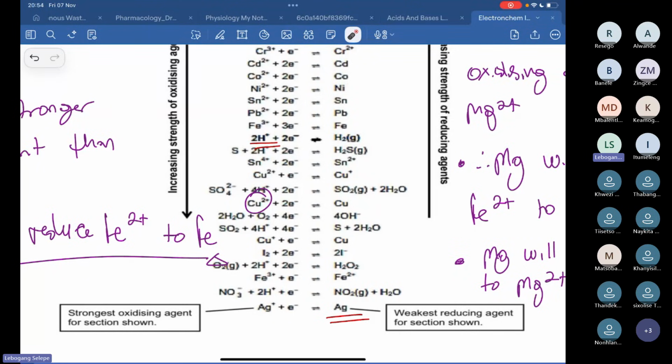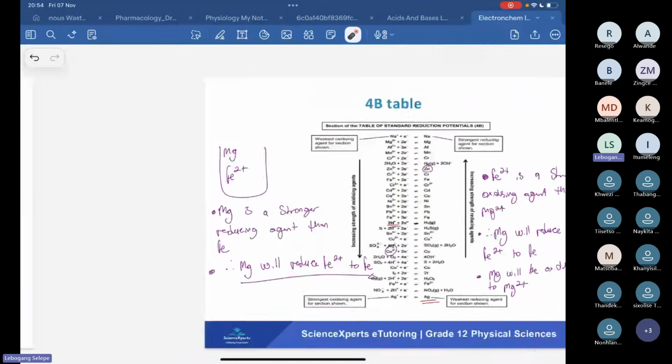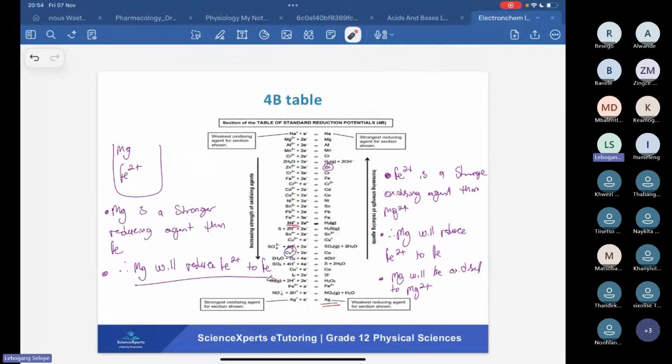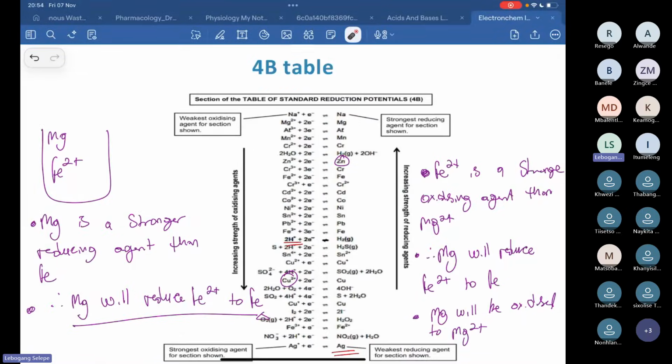So I'm going to say that Ag is a weaker reducing agent than H2, therefore it cannot reduce H+ to H2. Four marks for just saying that. We will do more examples and you will get the hang of it, guys.